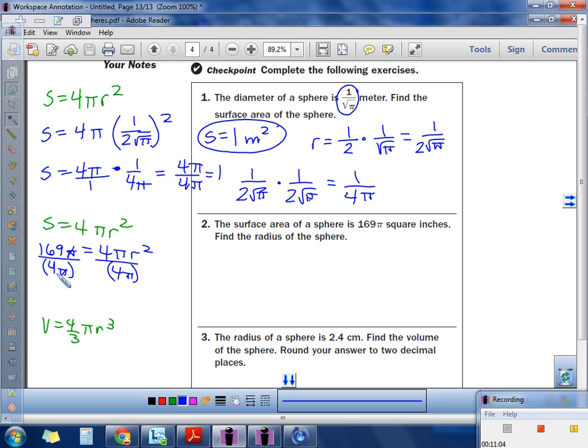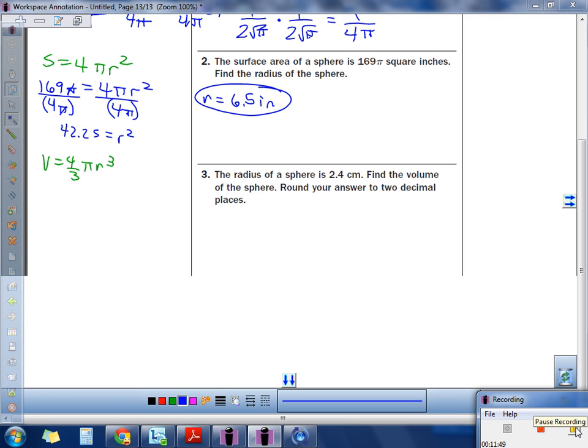If we do 169 divided by 4, what do we get? 42.25 equals r squared. How do you get rid of squaring a term? Square root it, so it's going to be 6.5, and the units on this are inches. There's our final answer.